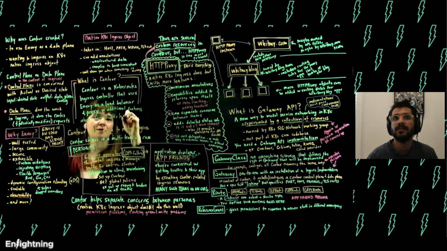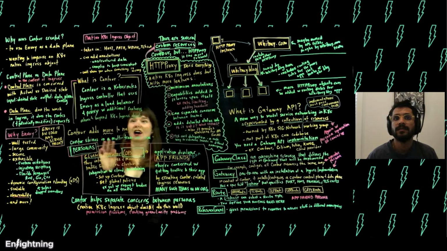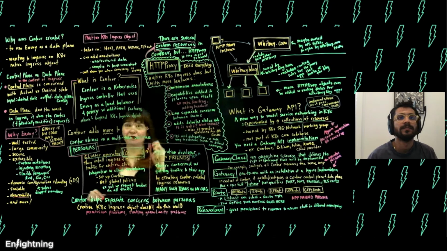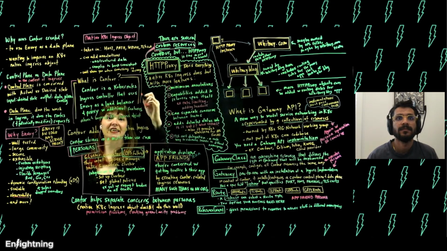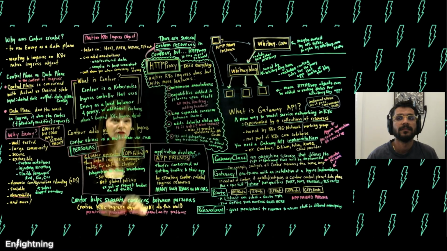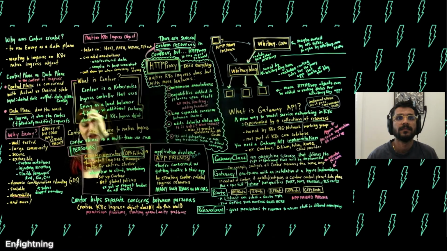Kubernetes Ingress object. So let's say that again. Contour is a Kubernetes Ingress controller that uses Envoy as a load balancer and proxy with additional features above and beyond the Kubernetes Ingress object. And we'll get into those additional features here in just a moment.